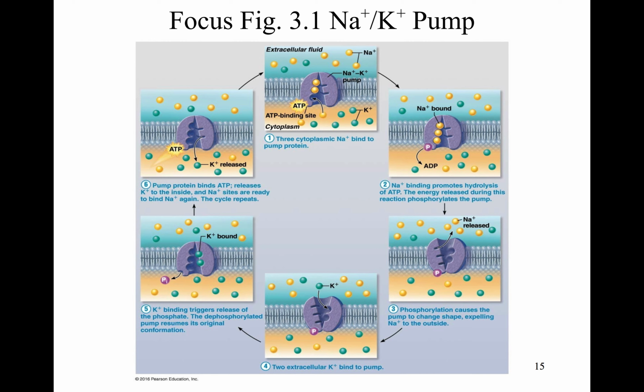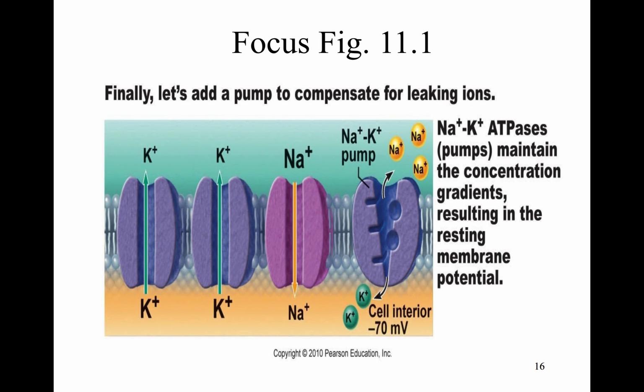In general, our sodium-potassium pump is pumping sodiums from inside of the cell to outside of the cell. It's pumping 3 sodiums out of the cell and 2 potassiums inside of the cell.